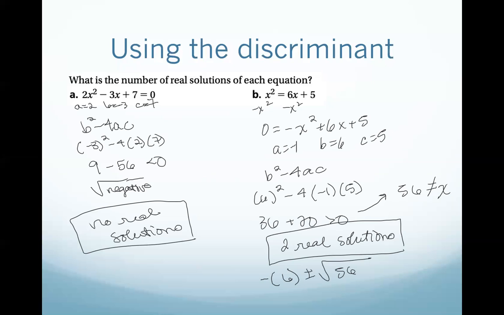So that's where the 56 will show up, divided by 2a. So we didn't calculate x when we found the discriminant. We just found out if there will be 1, 2, or 0 values for x. So in this case, there will be 2 values for x, but neither of them has to be 56.